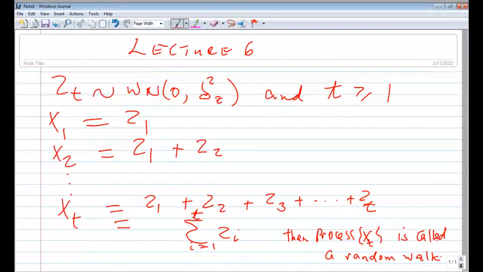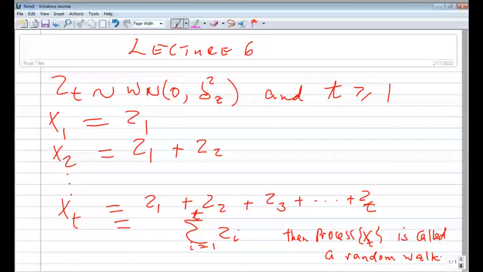Okay. If Zt has a white noise with mean 0 and variance sigma squared Z, and t is greater than or equal to 1, where X1 equal to Z1, X2 equal to Z1 plus Z2, X3 is equal to Z1 plus Z2 plus Z3, up to Xt equal to Z1 plus Z2 plus Z3 plus up to Zt, therefore, the process Xt is called a random walk.